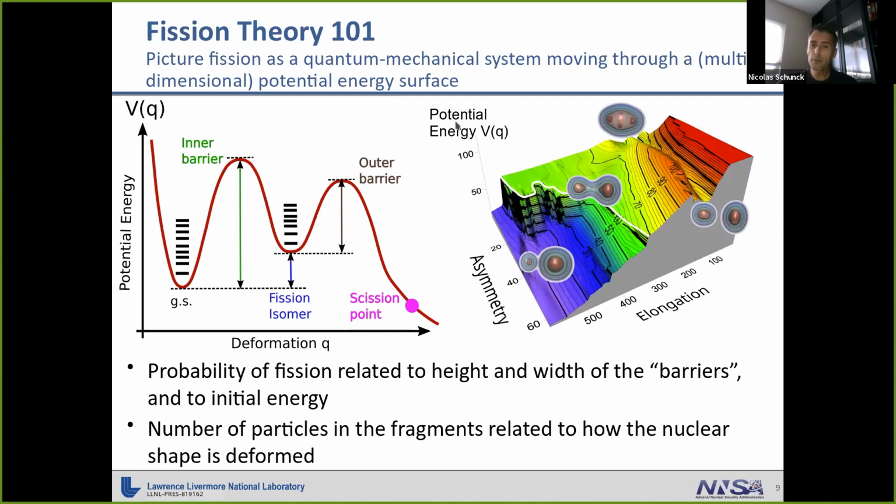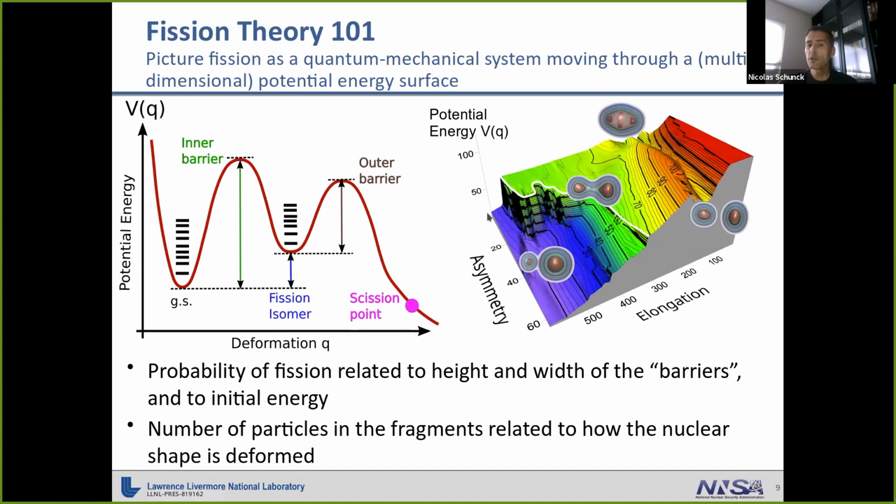So what I plot here is the potential energy as a function of two different deformation parameters, one that corresponds to the elongation of the nuclear shape, so how far the shape stretches in a certain direction. And the second one represents the left-right asymmetry of the shape. So whether you have a big blob and a small blob, or whether you have kind of symmetry around the middle.